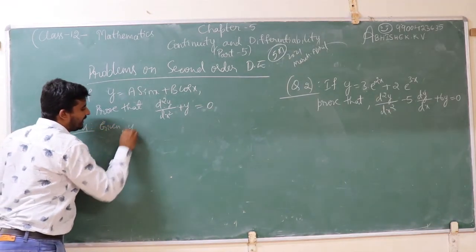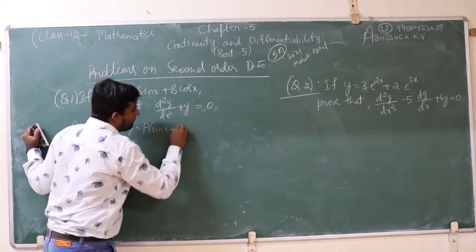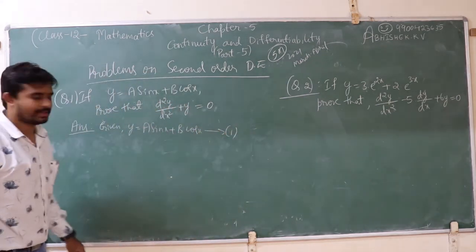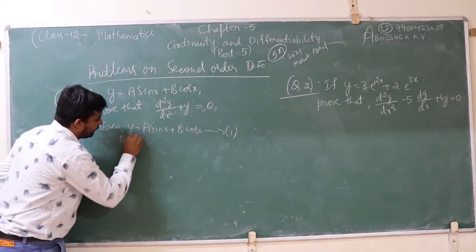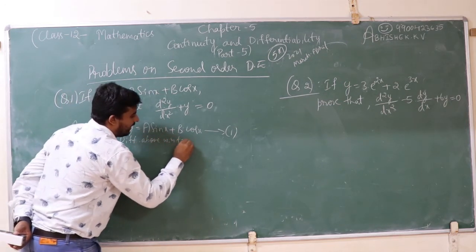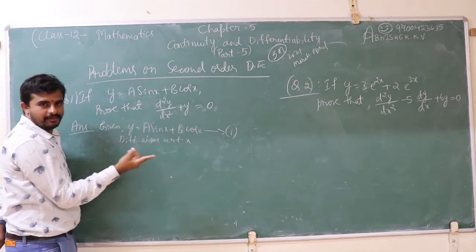Given y is equal to a into sin x plus b into cos x, and call this equation 1. Then differentiate with respect to x, because the given to prove d square y by dx square means with respect to x.